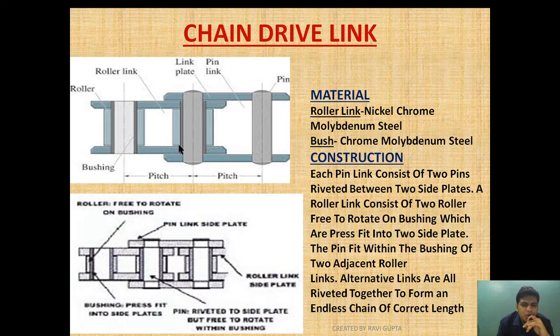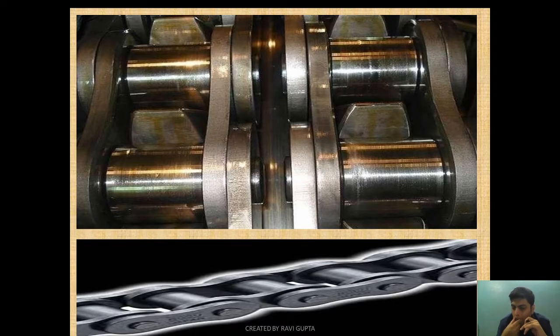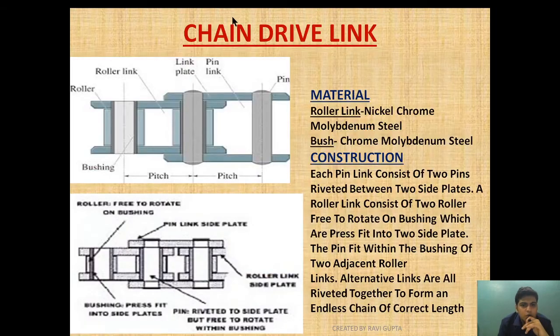Now let me make it a little clearer with the image you see here. As you can see, this is the pin, this is the roller, and inside the pin and roller is the bushing. This is a roller plate, and this is the side link. As I have told you, the pin is riveted to the side plate but free to rotate within the bushing, and the bushing is press fitted into the side plate.